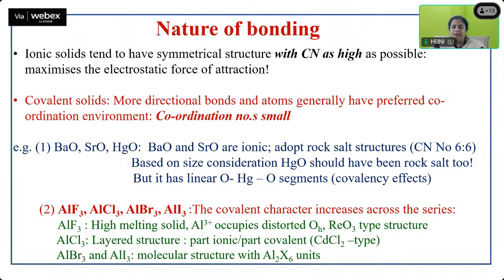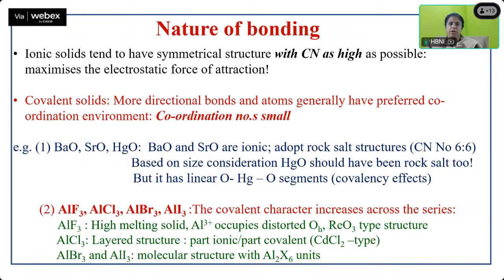So what I was trying to say is how the nature of bonding affects a crystal structure. When you have a compound wherein the covalent character of the bond is more prominent, what is a covalent bond? It is a sharing of electrons between two atoms. The entire electron density lies between the two atoms, which means the bond is directional.